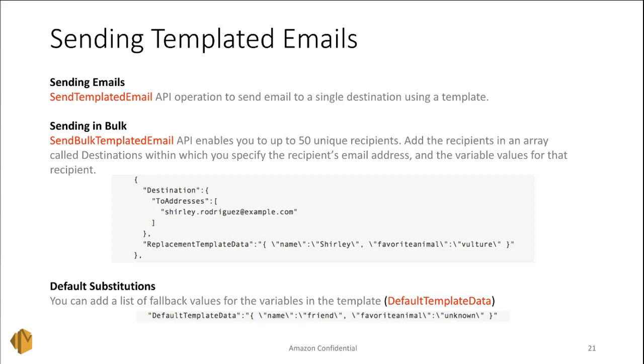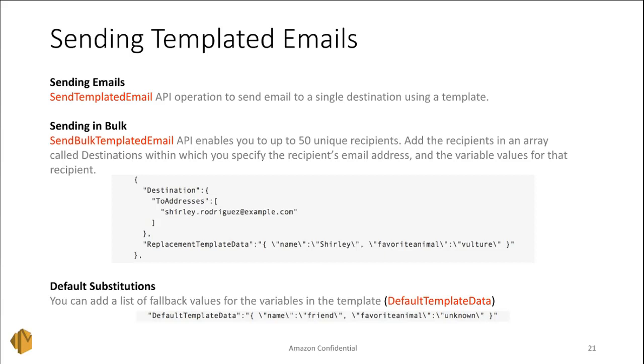Send bulk templated email will enable you to send to up to 50 unique recipients. How you can use that is, say for example, if you want to substitute the subject line for each and every one of your recipients and you want to call out their name, say for example, Shirley Rodriguez, as two different first names in the email to say, Shirley, we have a custom deal for you.